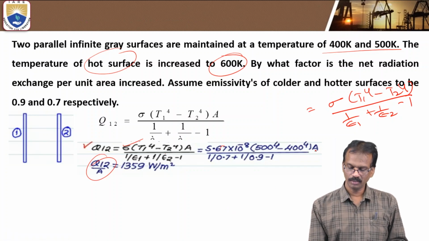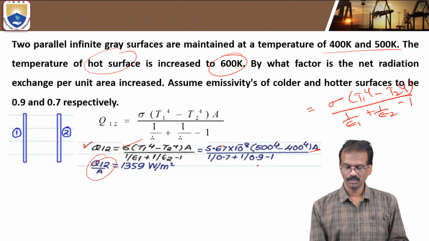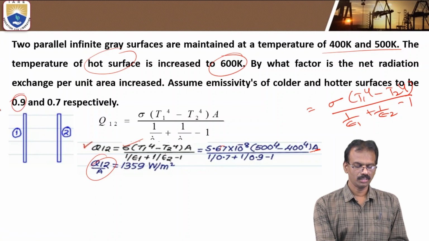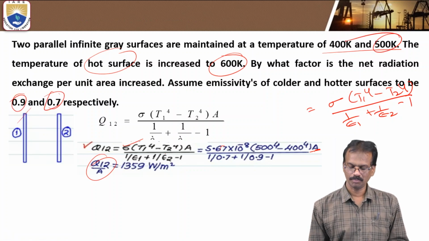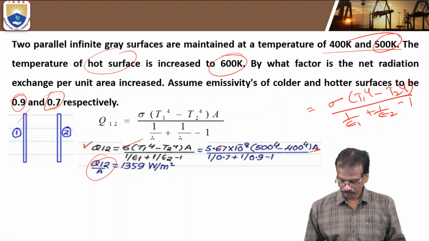You can write this A here. Then 1 by epsilon 1, 1 by 0.7 plus 1 by 0.9 minus 1, because the first surface you are considering is 0.7, according to this temperature ordering. No problem here.